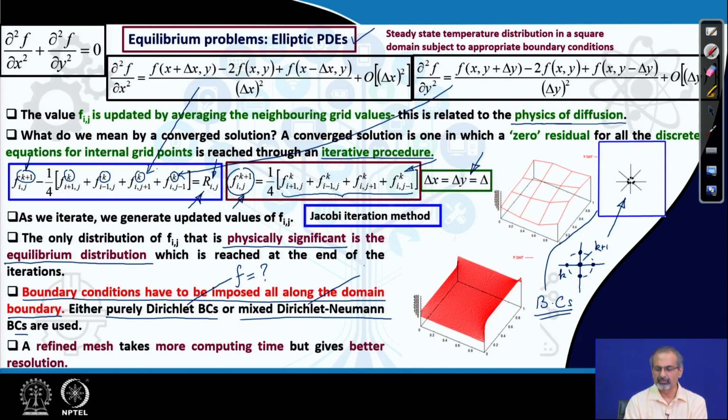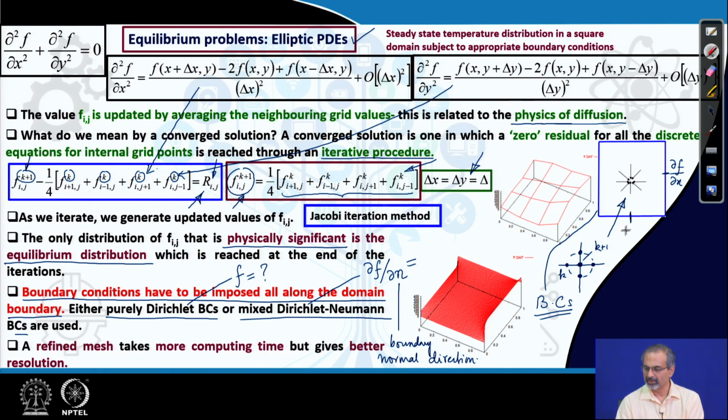Neumann condition means you have to state what is the value of del f del n at the boundary, where n is the boundary normal direction, which means if it is a boundary like this, here you will have to specify del f del x, because the x direction is normal to that boundary.